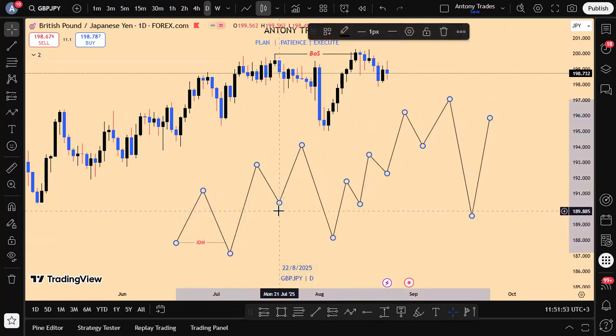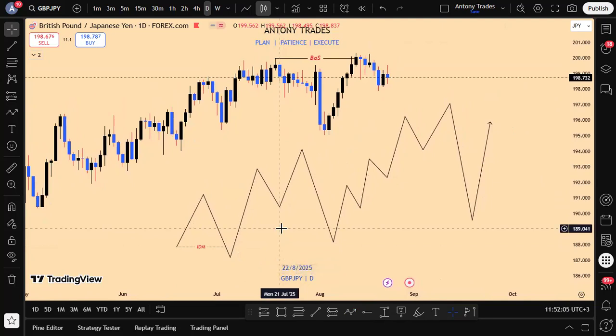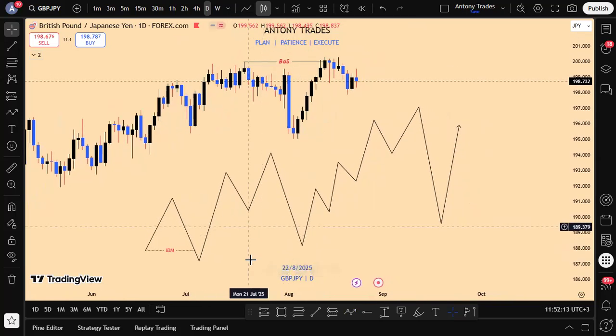This is where the market sets a trap for those retail traders that like to jump into the market without a context. So if you can identify the inducement, then you are very much good to go, because this is what I want to see.